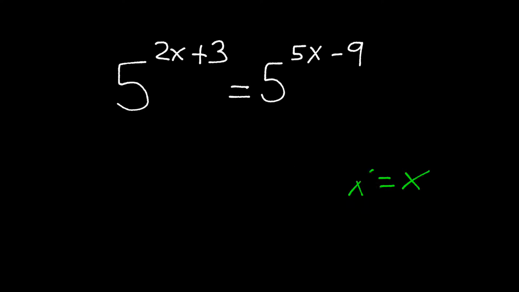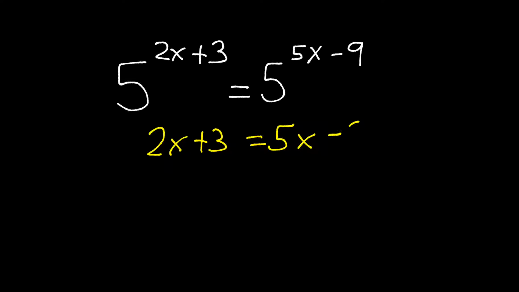And here it is. If the bases are exactly the same, all we have to do is take this exponent, 2x + 3, and set it equal to this exponent, 5x - 9. So we'll say 2x + 3 = 5x - 9, and now we can go about and solve it algebraically.